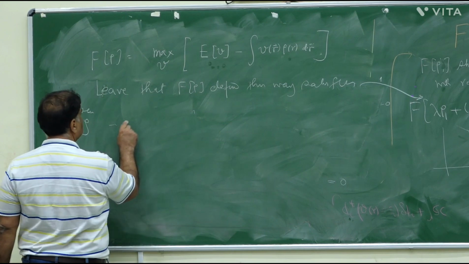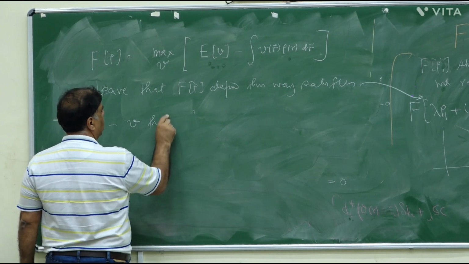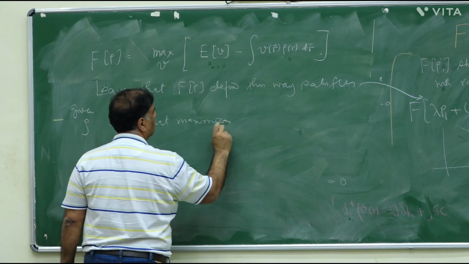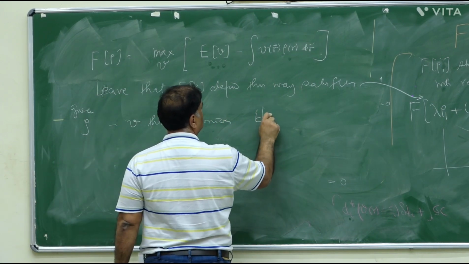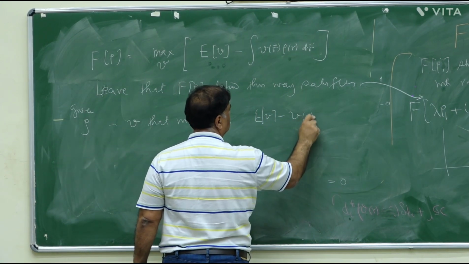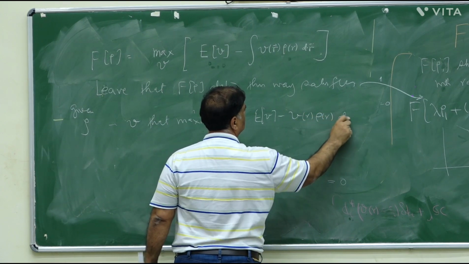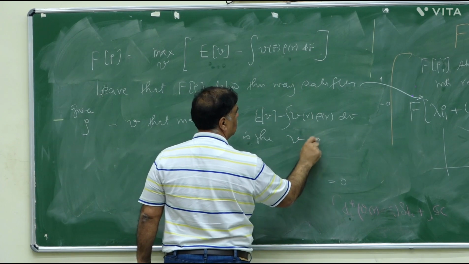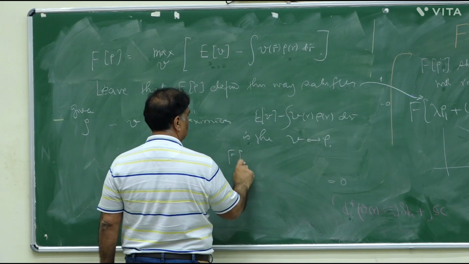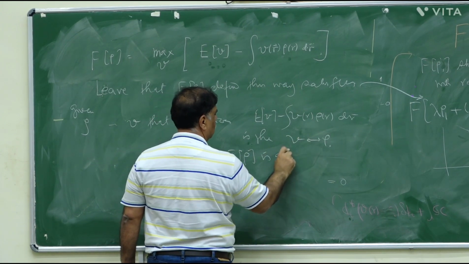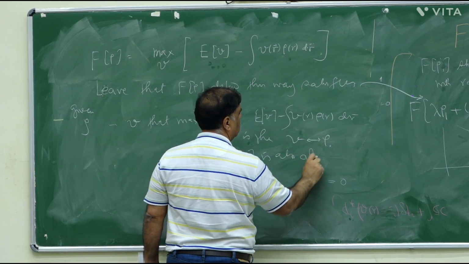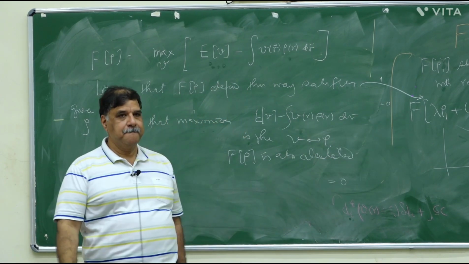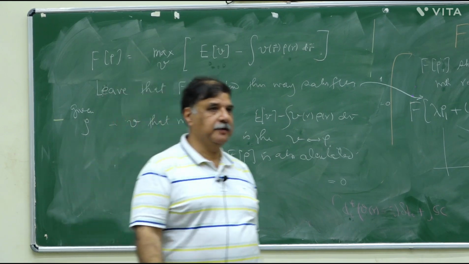So, given rho, the V that maximizes E[V] minus the integral of V(r) rho(r) is the corresponding V, and F rho is also calculated. Any questions on that?